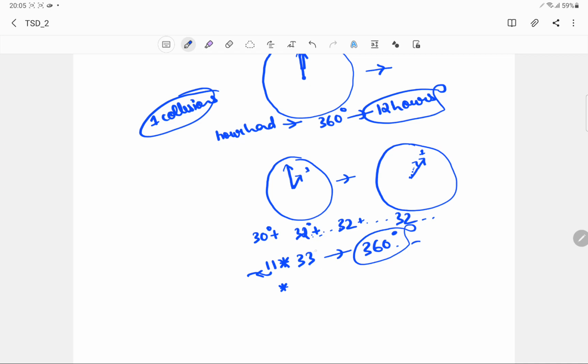And if it is basically taking 32 degrees for the first collision and the rest of the collisions, obviously it will be able to collide about 11 times. If it is moving at 32 degrees and we say 12 collisions, obviously it will cross 360 degrees, and it is not possible. So it would be something lesser than 12, and this in fact is nothing but 11.